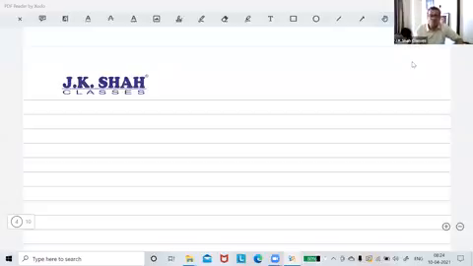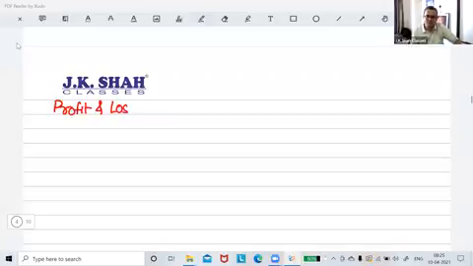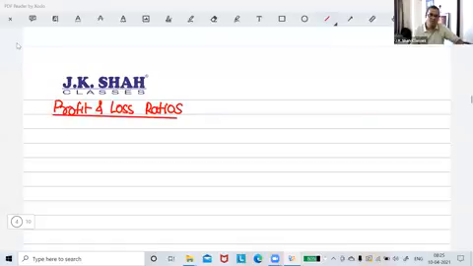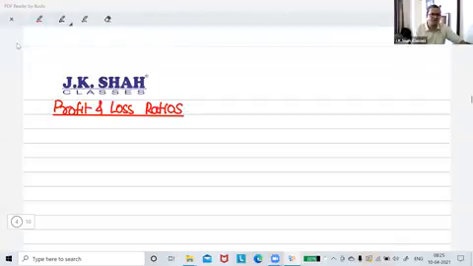That both amounts have to come from the P&L or the income statement itself, right? So let's talk about profit and loss ratios. Trust me, guys, these ratios are the most simple ones, easiest ones.